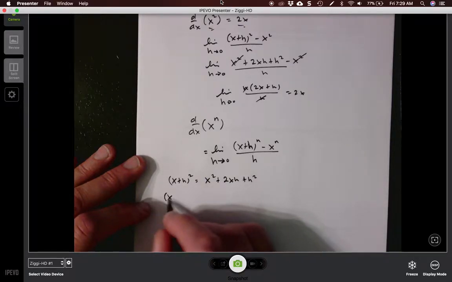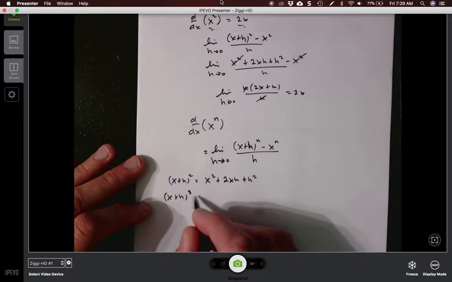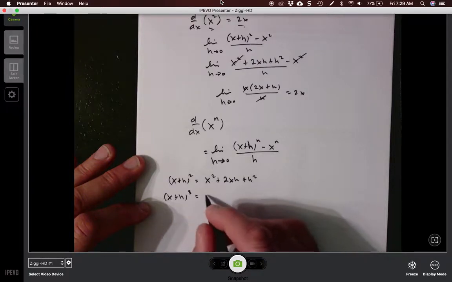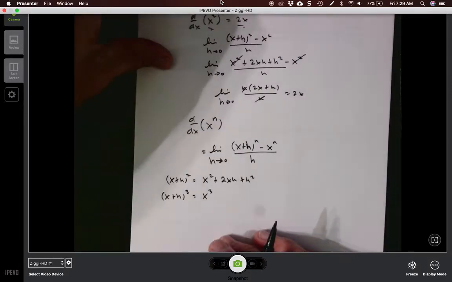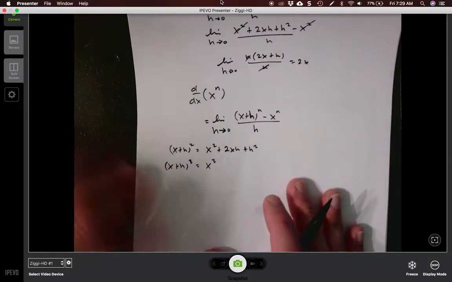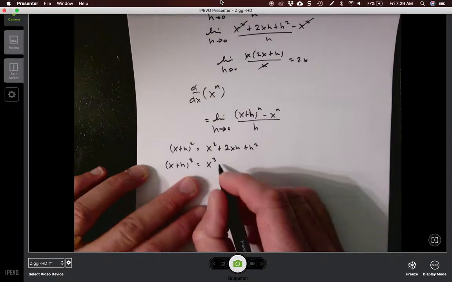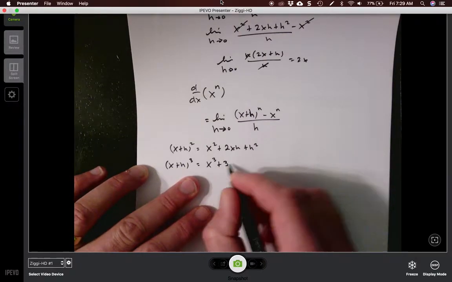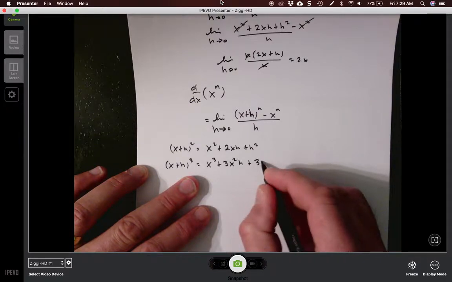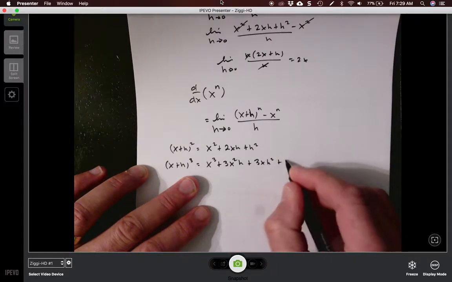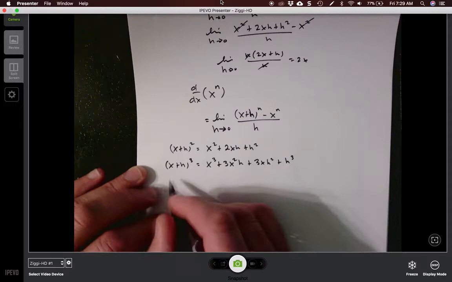If you were to take (x + h) to the third power, your expansion would be x to the third, and I'm just going to tell you what you're going to get when you multiply this out without having to go through all the algebraic manipulation. You're going to get that, plus 3x squared h plus 3xh squared plus h to the third power.